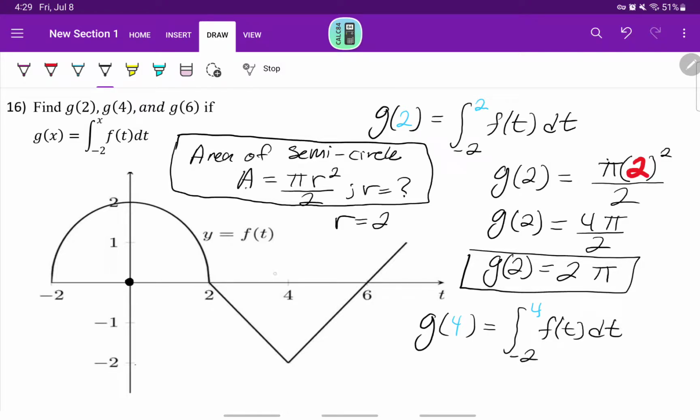So 4 is right here. I'm going to put a line right here separating it. That means we want to find the area from -2 to 4. So we're finding this area right here, which we already did. We know this is 2 pi.